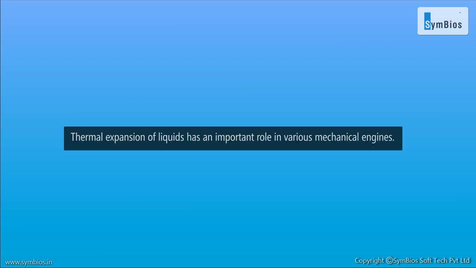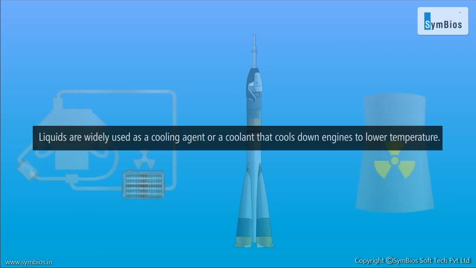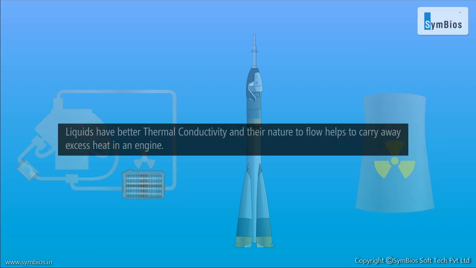Liquids and engines. Thermal expansion of liquids has an important role in various mechanical engines. Liquids are widely used as a cooling agent or coolant that cools down engines to a lower temperature. Liquids have better thermal conductivity, and their nature to flow helps to carry away excess heat in an engine.